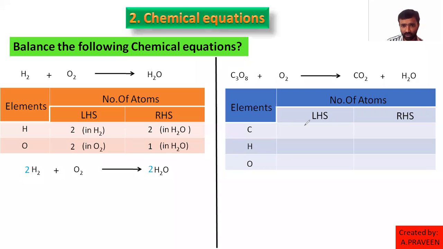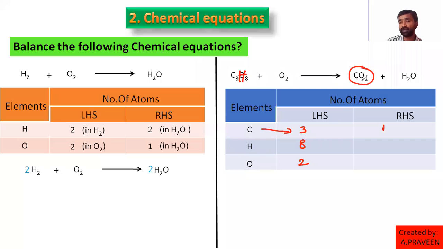Right. Here, count carbons on the LHS side. In C3H8, I have 3. Hydrogens, how many are there? 8. Next, oxygens, how many are there? 2. On the RHS side, carbons in CO2, how many are there? Only 1.